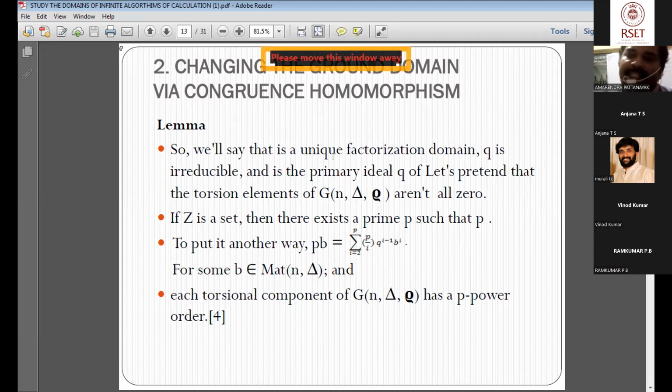If Z is a set, then there exists a prime P such that pB is equal to the summation of i equals 2 to p of binomial p by i, Q to the power i minus 1, B to the power i, for some B belonging to Mat of n comma delta, and each torsional component of G of n comma delta comma rho has a P power order.